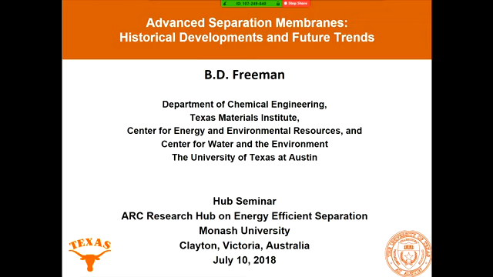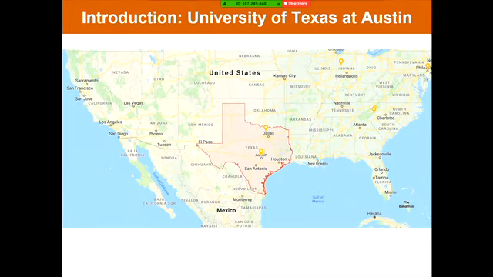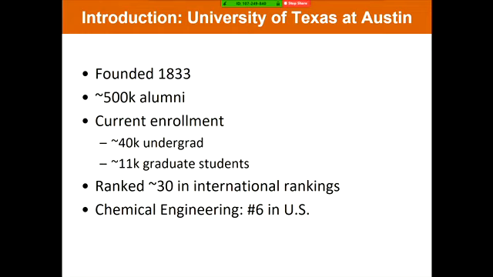For those of you who haven't been to Austin, Texas, I thought first to show you a little bit about where we're at. So this is Austin. It's the capital of Texas, and it's located almost in the middle of the state of Texas. The University of Texas at Austin was founded as a land-grant university in the 1800s.